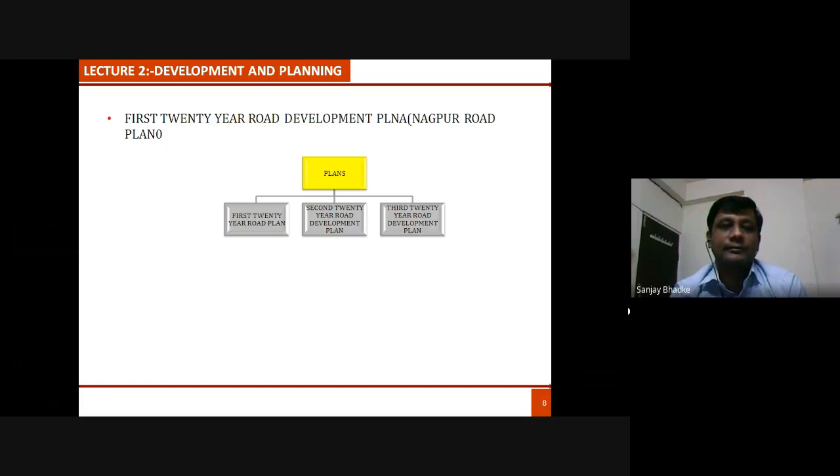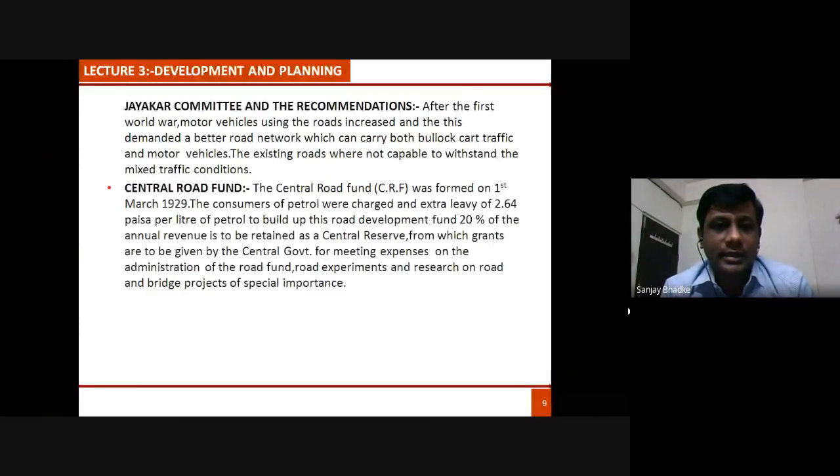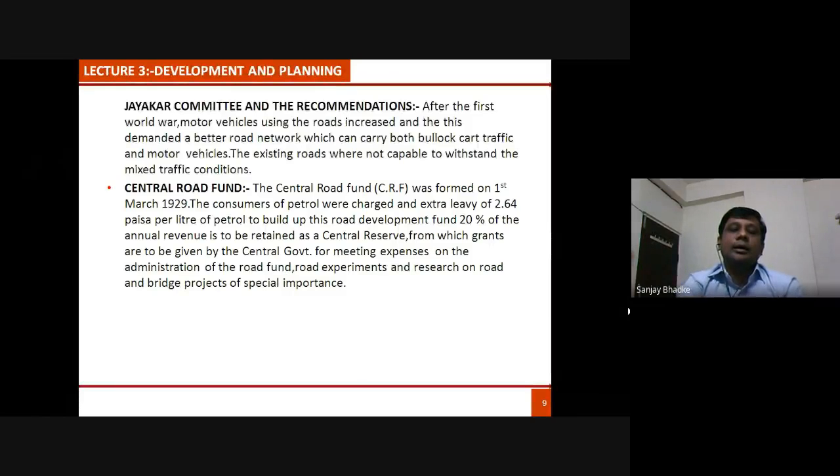The second one, if we discuss briefly, is the Jaykar committee, and that committee gave some recommendations. After the First World War, motor vehicle use on the road increased, and this demanded a better road network which can carry both bullock cart traffic and motor vehicles.